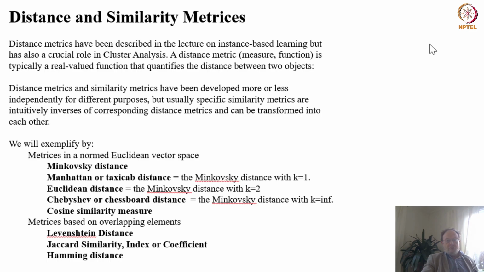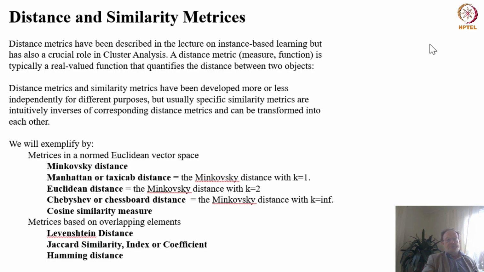We have in the earlier lecture also exemplified two categories of metrics that are pretty common. Either there are metrics in a normed Euclidean vector space, like Minkowski distance and its specializations, Manhattan, Euclidean, Chebyshev distances. We can also have the cosine measure.